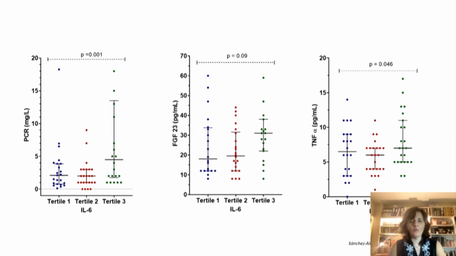In this study, we found a strong correlation between all inflammatory molecules. In the graph, you can see a strong relationship between interleukin-6 and C-reactive protein in the first graph, FGF23 in the second, and TNF-alpha in the third graph.